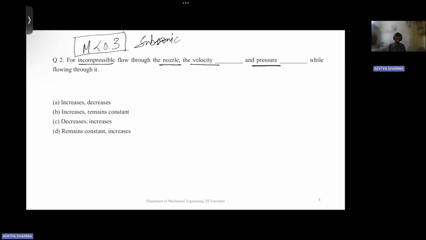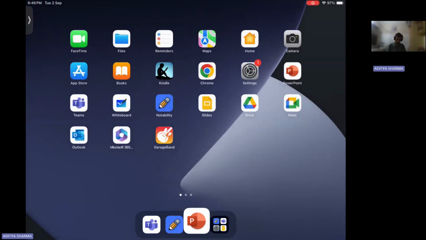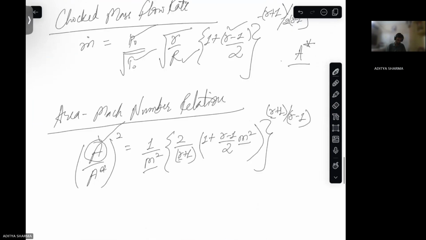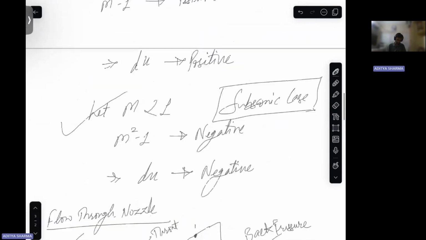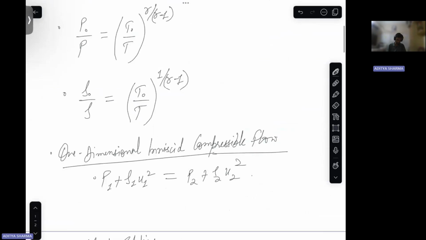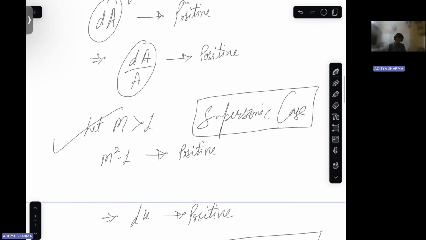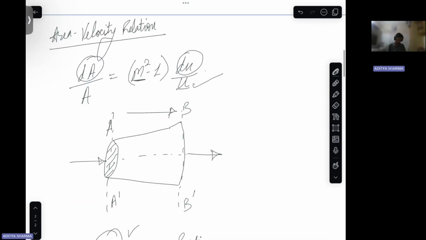For subsonic flow, what happens? Now you go to the area-velocity relation.